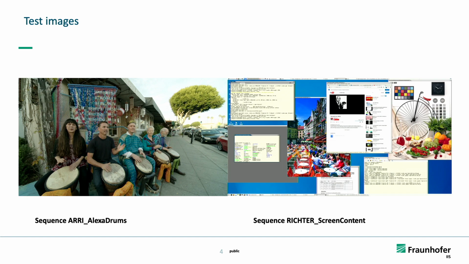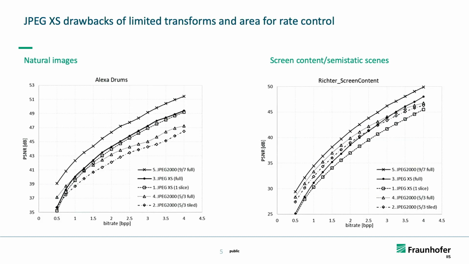On the right-hand side, you see screen content with mixed text and video images. And then we, of course, tested how good the quality is and what the drawback is of using reduced complexity and a limited number of decomposition levels in the transform.